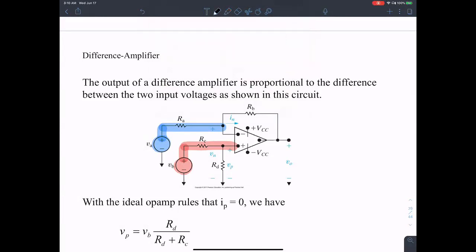It seems this is a combination of both the inverting and non-inverting configurations. So here is a combination.